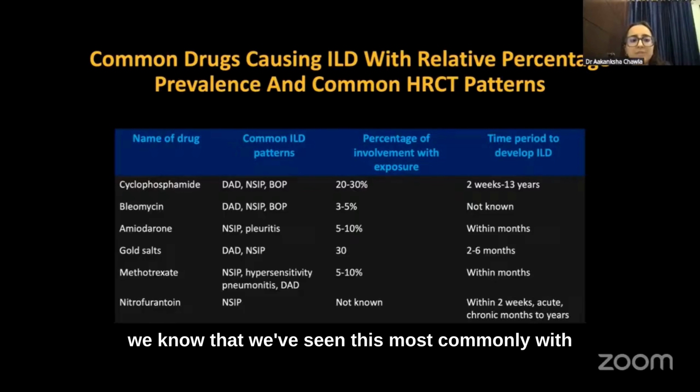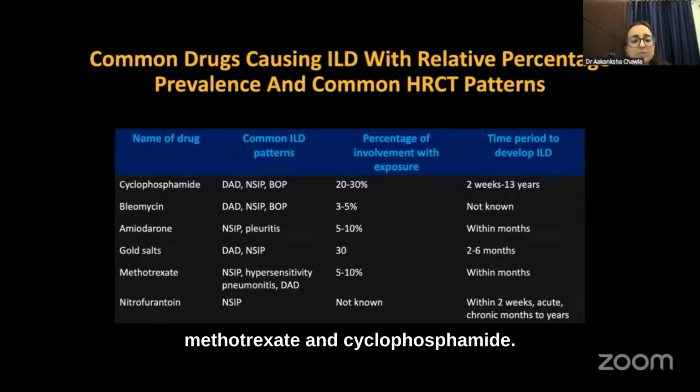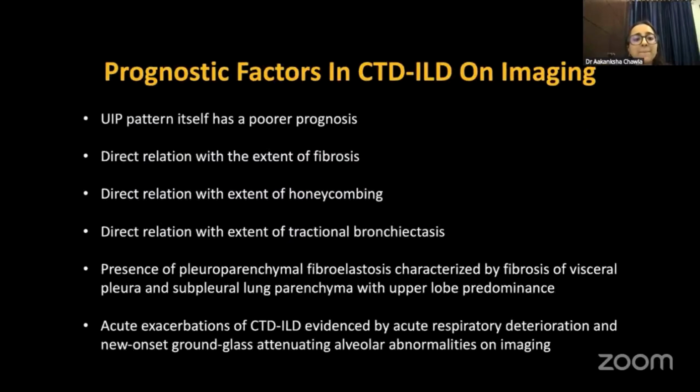And we know that we've seen this most commonly with methotrexate and cyclophosphamide. With methotrexate, you would see this occurring within months. With cyclophosphamide, it can be from 2 weeks to 13 years. And other drugs like bleomycin, amiodarone, gold salts, and even in some cases nitrofurantoin.